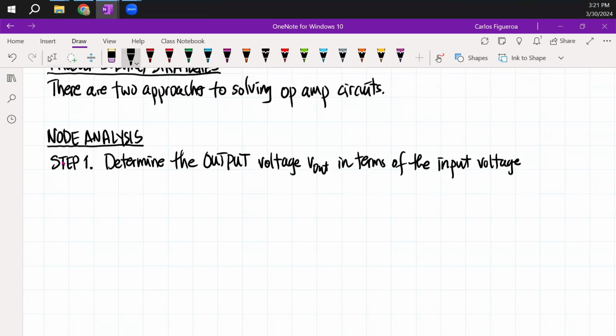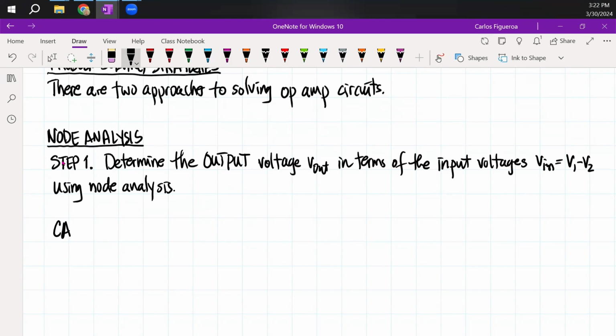The input voltage Vn is the difference between V1 and V2, using standard node analysis. And the thing that I'm going to say right here is that this causes problems.